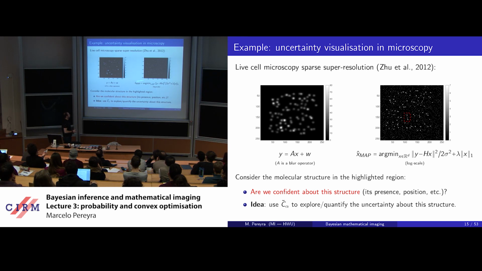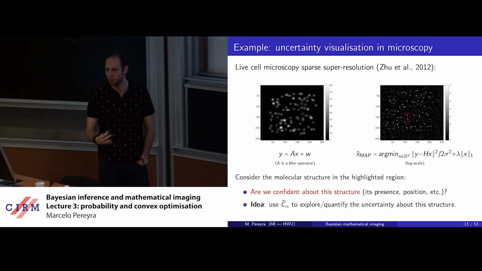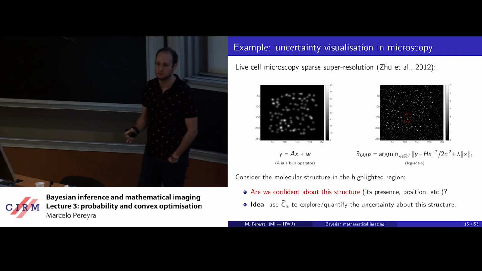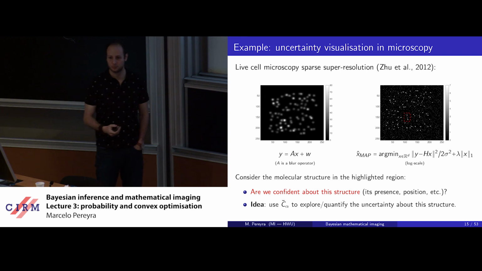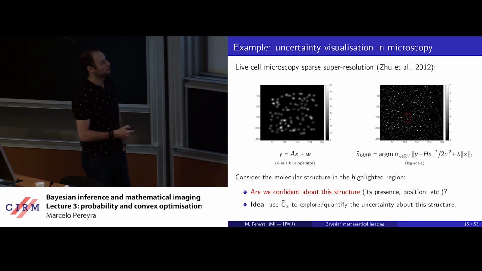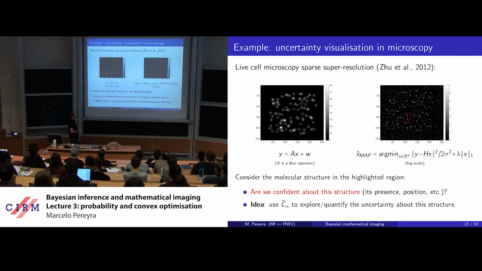But what I wanted to discuss today was, let's say I'm interested in these 3 molecules here. We said these images are acquired because people want to know the position of the molecules. And once they know the position of the molecules, they need to put error bars on those positions. So let's say I was interested in these 3 molecules. Am I confident about their position? How much could I move a molecule and still have a good solution?